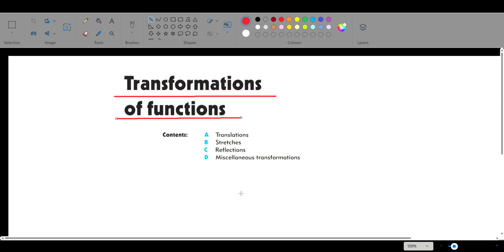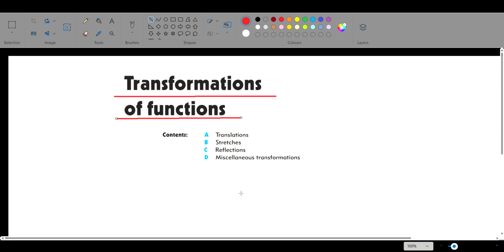There are basically three kinds of transformation that we are going to focus on: translation, stretches, and reflection.